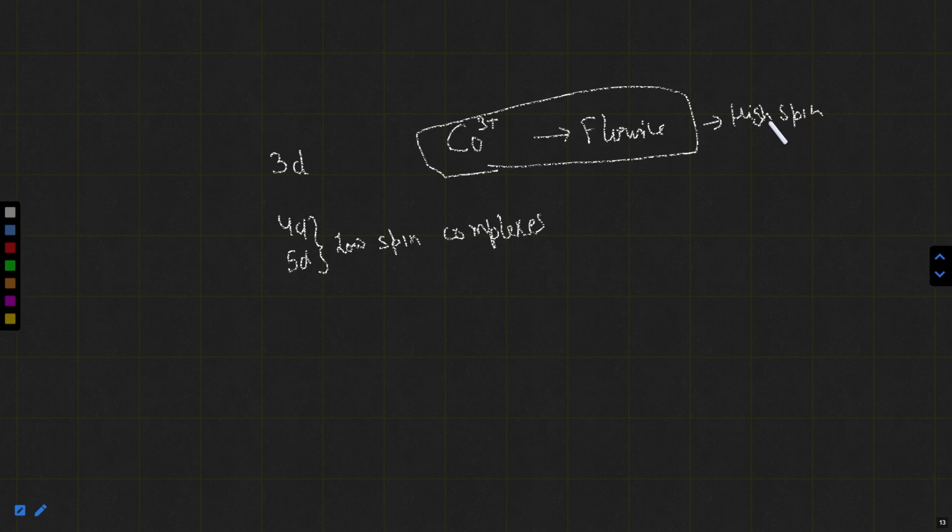Except fluorine, if any other ligand is present, they will always form the low spin complex. So this should be clear, this is a very important point. Now, apart from cobalt 3+, if you have to look for weak field and strong field, you will simply look at the spectrochemical series. Clear?